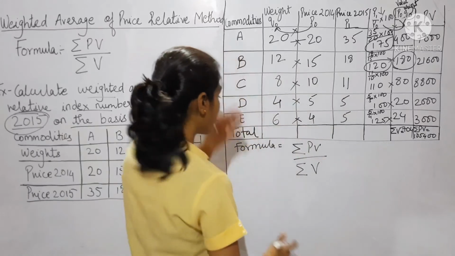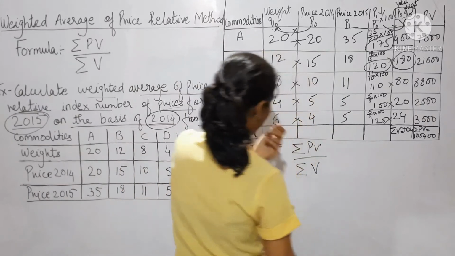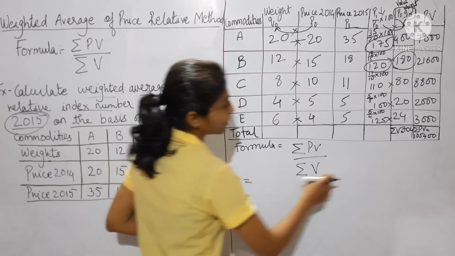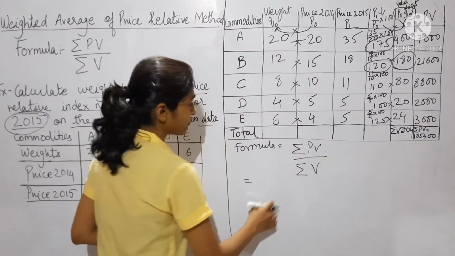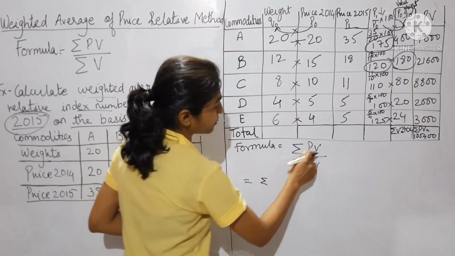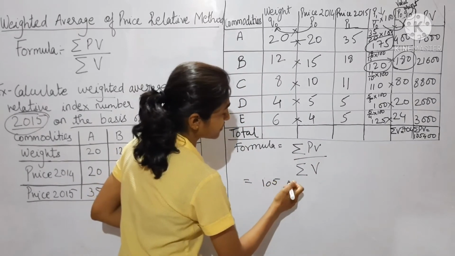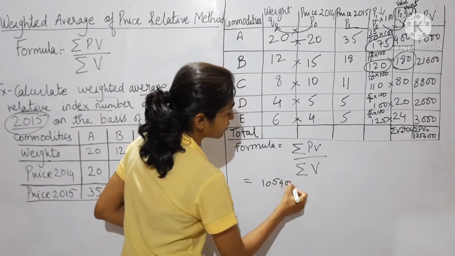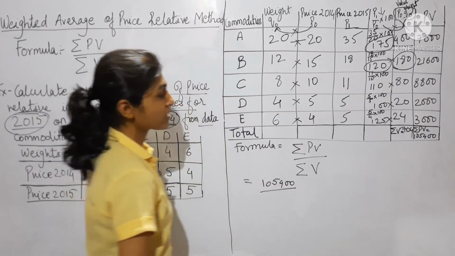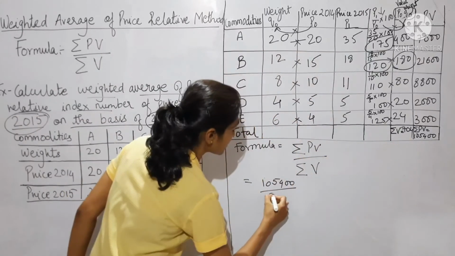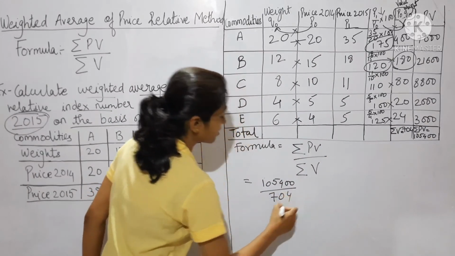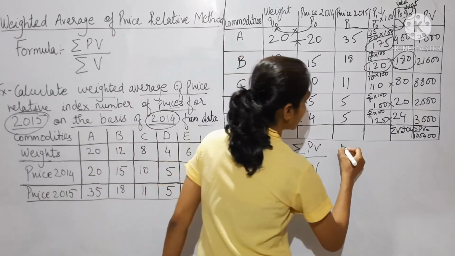Okay, so I will write the values here and write all the values as per the formula. Summation of PV is what? 105,400 divided by summation of V, that is 704.